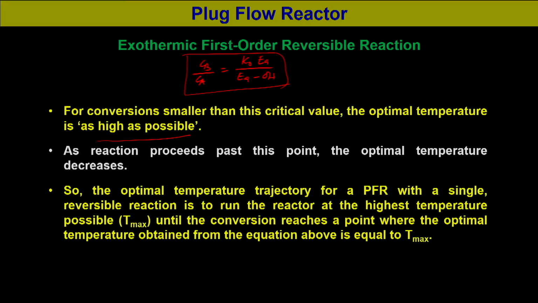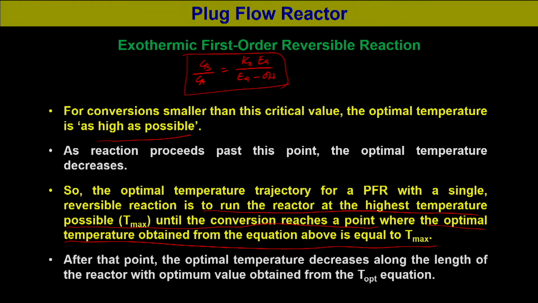So, the optimum temperature trajectory for a PFR with a single reversible reaction is to run the reactor at the highest temperature possible until the conversion reaches a point where the optimum temperature obtained from the above equation is Tmax.